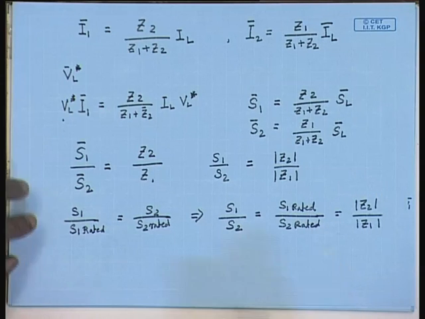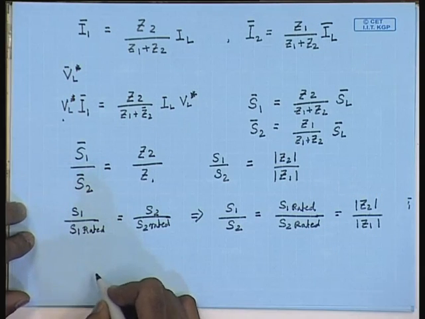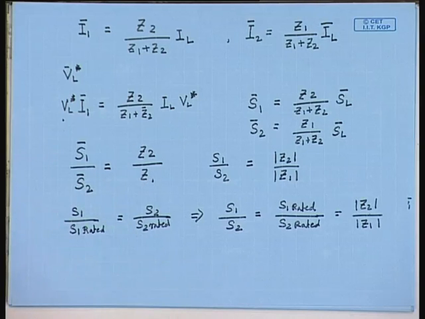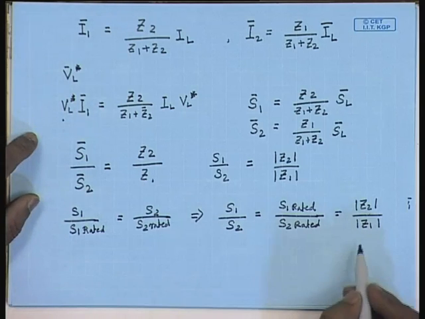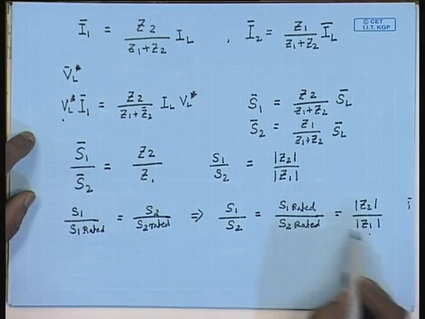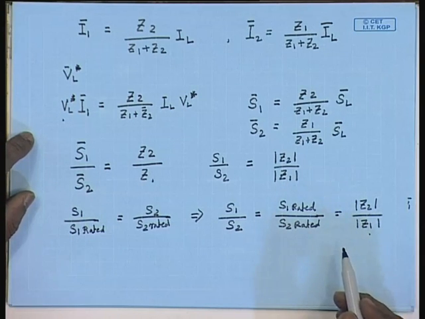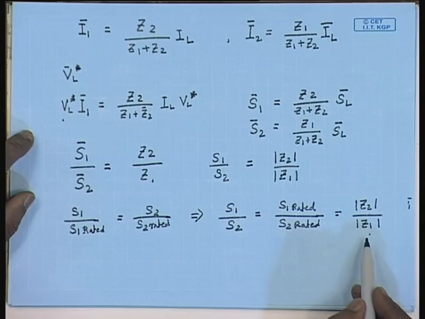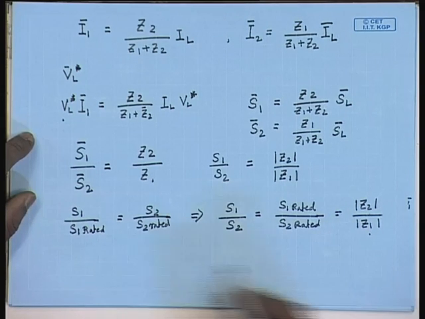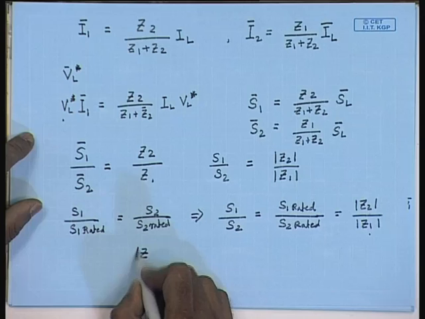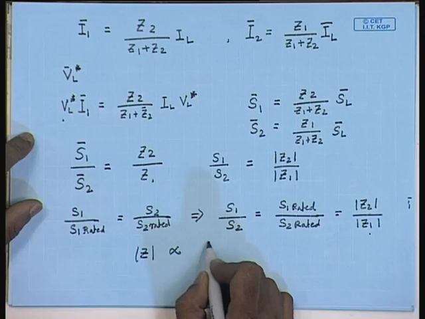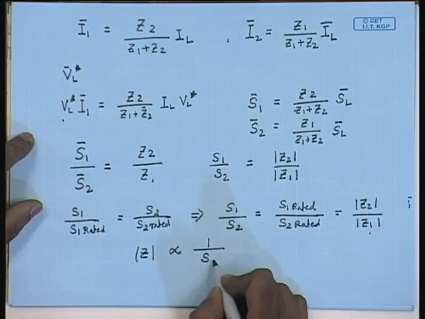Hence, for sharing the load in proportion to their kVA, we find that the magnitude of the series impedance of the transformers should be inversely proportional to their kVA rating, that is mod Z should be inversely proportional to S rated.